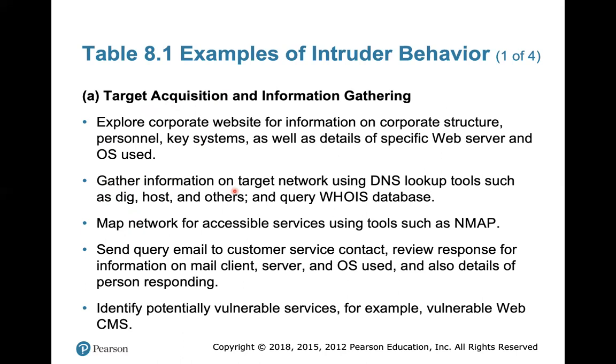The attacker goes one step further and tries to look at the DNS, the domain name server, in order to look up or gather information about the target network of that organization, which means that the attacker tries to see who over the internet are the consumers of this organization. Let's say the attacker wants to attack organization A, and organization A has a website a.com.